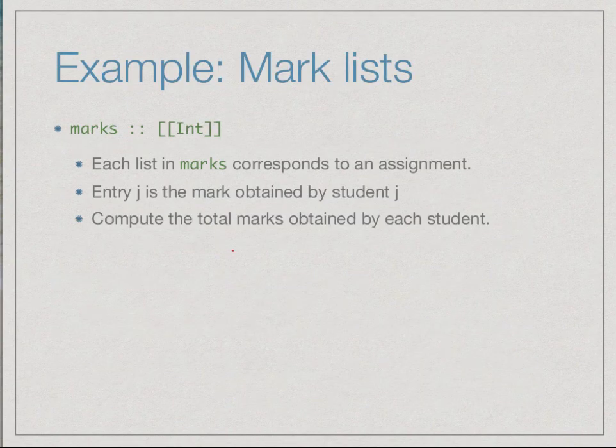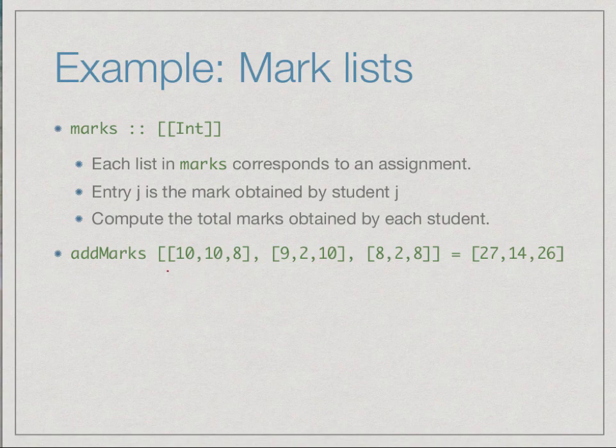So let's look at an example that uses zip with. So suppose we have a list of lists corresponding to marks of students in some assignments in the class. So each inner list looks like this: these are the marks of assignment 1, these are the marks of assignment 2, and so on.